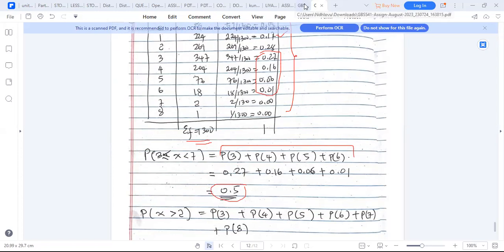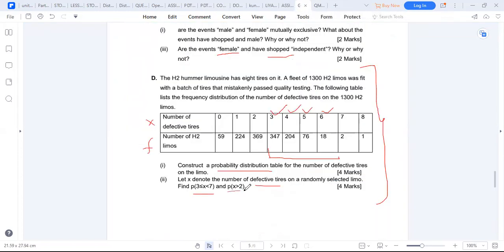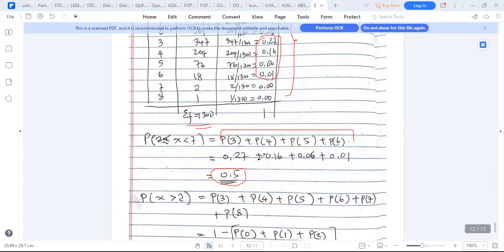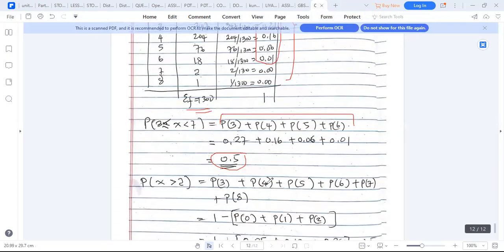Then the last part: the variable X greater than 2. Greater than 2 means starting from 3, 4, 5, 6, 7, 8. We're looking at these figures from here up to there. Funny enough, these two are very insignificant, giving us 0.000 something. So when we add these figures, we get a certain total.